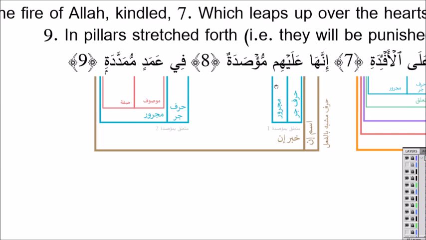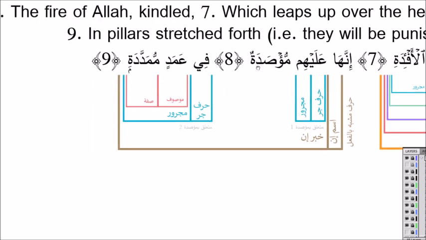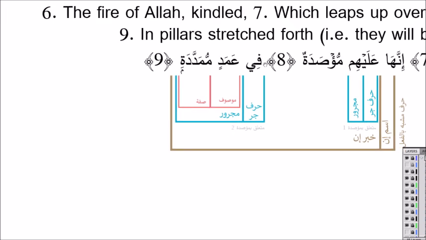And the predicate of inna consists of a noun with two attachments, harf jar and majroor, the prepositional phrases. The first preposition and object of the preposition, and then the second preposition and object of the preposition, and then inside the object of the preposition we have an adjectival phrase, mawsoof and sifa.